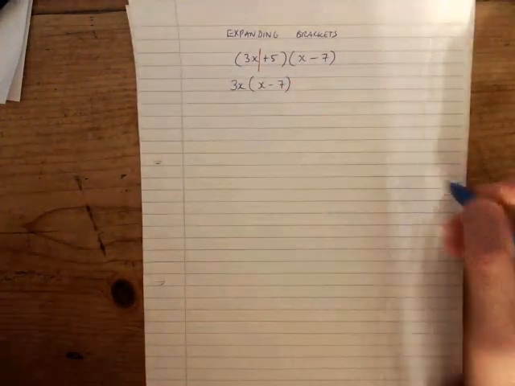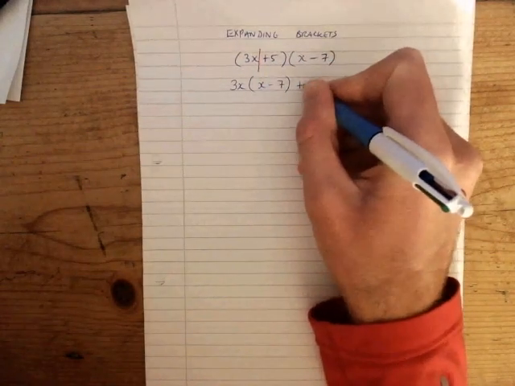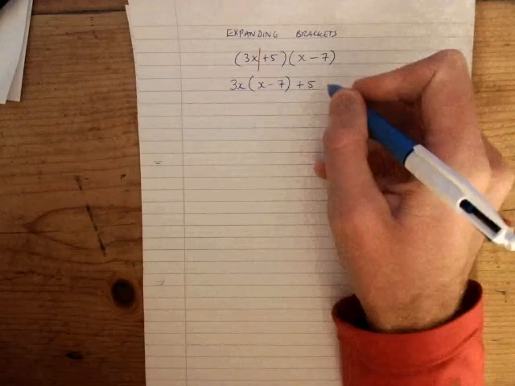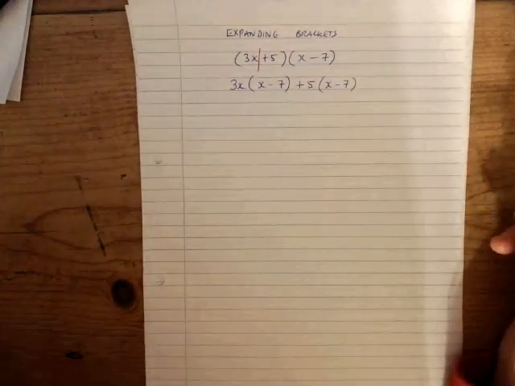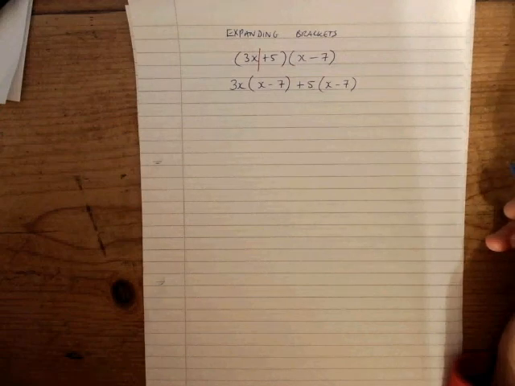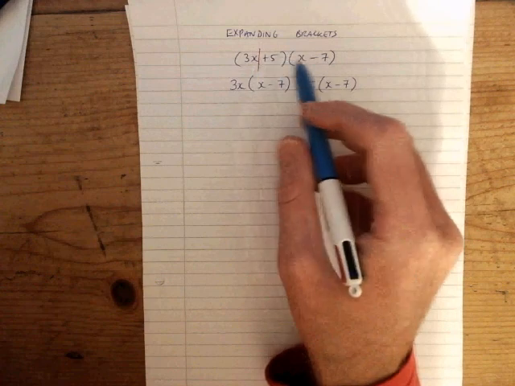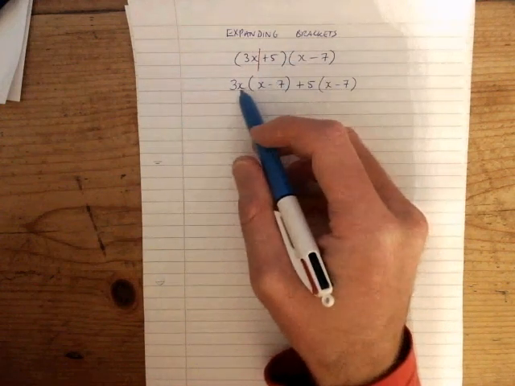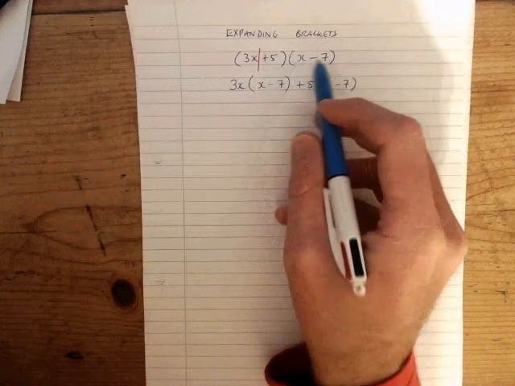Then I'm going to take the other part of that first bracket, making sure I take the sign as well, in this case plus 5, and multiply that by x minus 7 as well. So we split up the first bracket, and we're going to multiply 3x by x minus 7 and plus 5 by x minus 7.